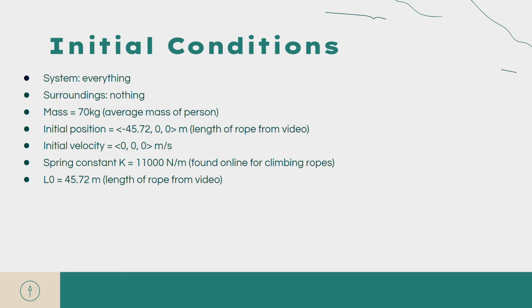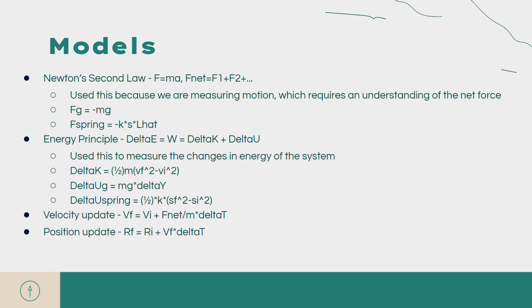The initial velocity was 0 meters per second, and the spring constant K was 11,000 Newtons per meter, which I found was the average constant for climbing ropes. And then L0 is 45.72 because this is the length of the rope from the video, which they tell us. And that's meters, by the way.